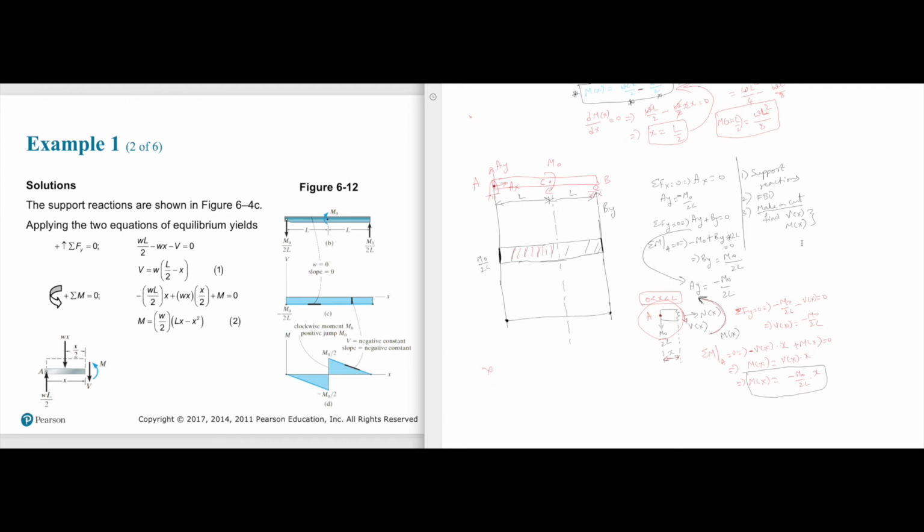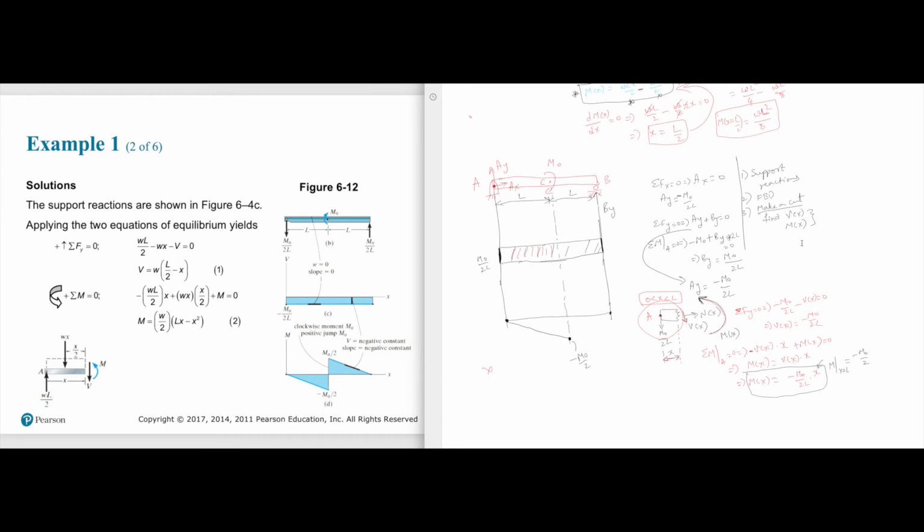What is moment at x equal to L? Substitute x to be L there, and you get negative M naught over 2. That means the moment equation is like this. This is negative M naught over 2.